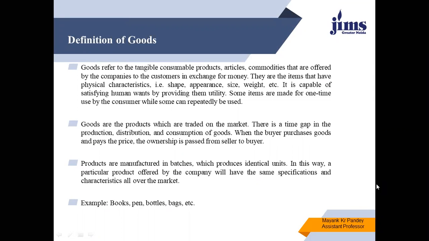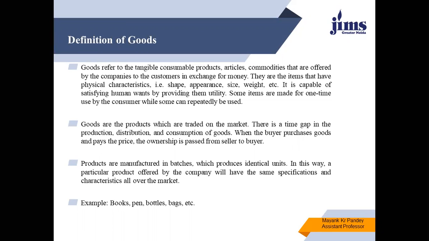As we already discussed what is goods. Goods refer to the tangible, consumable products, articles, commodities that are offered by the companies to the customers in exchange of money. They are the items that have physical characteristics, that is shape, appearance, size, weight, etc. It is capable of satisfying human wants by providing them utility.